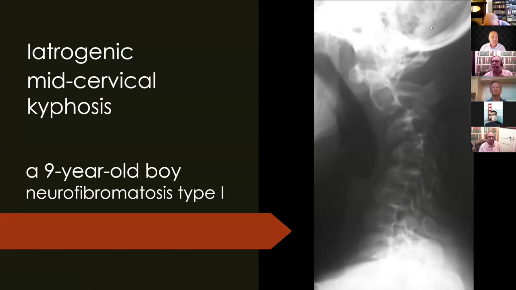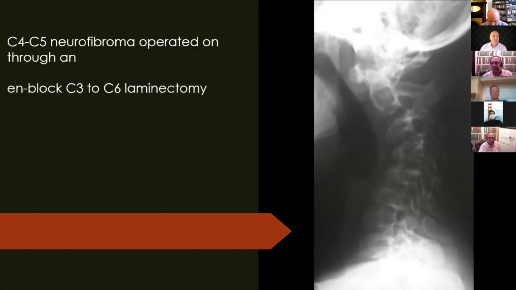Okay, good evening. I'm very glad to be here among such an outstanding faculty, and I'm pleased to present to you a case of an iatrogenic postlaminectomy cervical kyphosis in a 9-year-old boy with type 1 neurofibromatosis. He had a C4-C5 neurofibroma removed through a C3-C6 en bloc laminectomy.